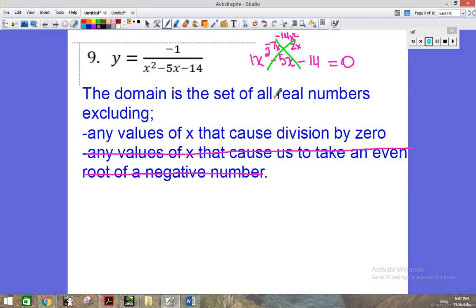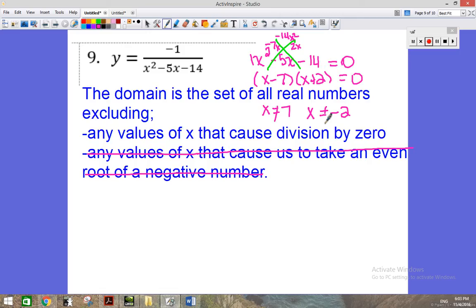When the leading coefficient is 1, then we just use those coefficients that we found in the x to say that this factors to x minus 7 and x plus 2. Well, if that were to equal 0 by the zero product theorem, 7 minus 7 is 0, and negative 2 plus 2 is 0. So these are the two values that would cause this denominator to be 0.